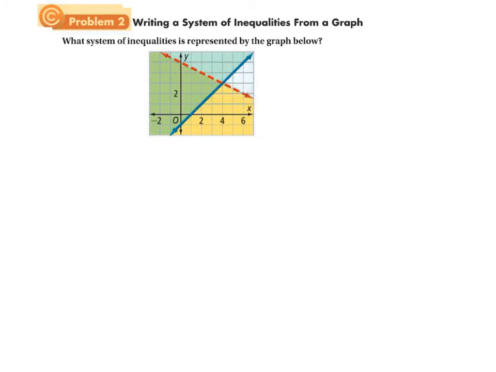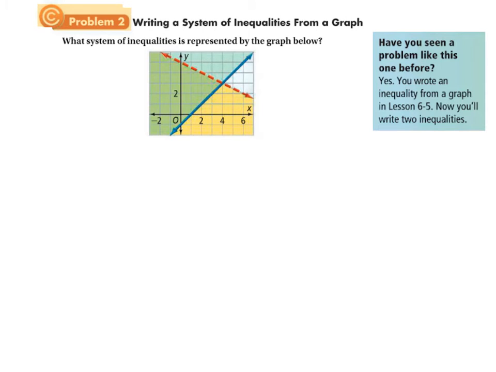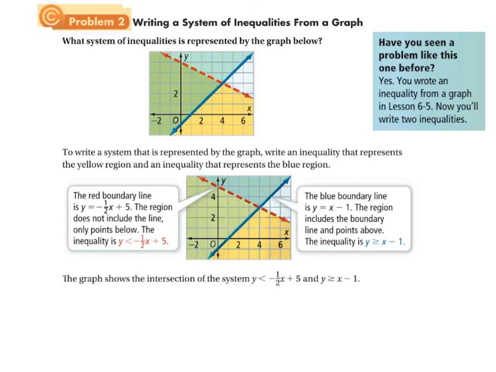Now, have you seen problems like this before? Yes, we did writing inequalities from a graph in the last lesson, and so now we're just doing it for 2 of them. It's just twice as many lines or inequalities to write, but nothing extra really to worry about. So how do you do it?